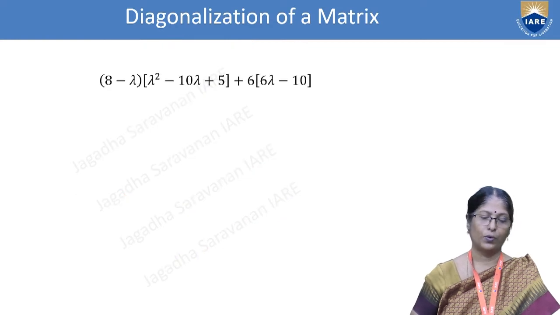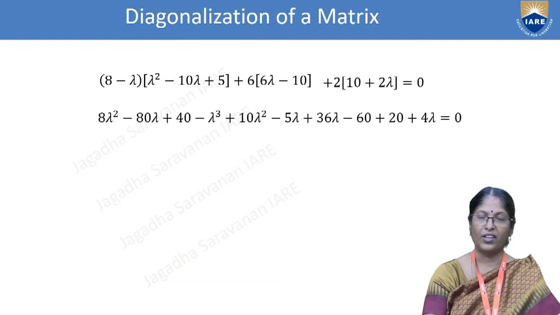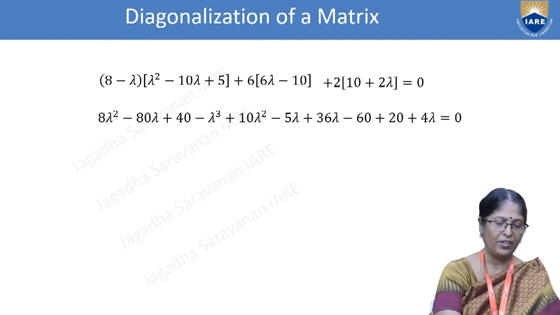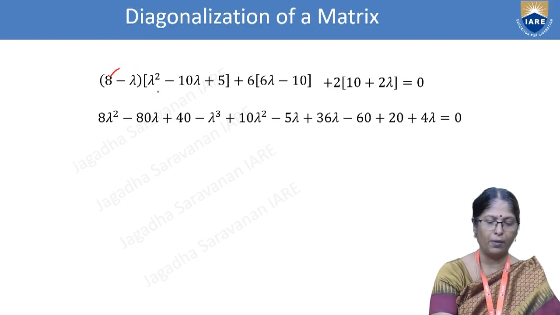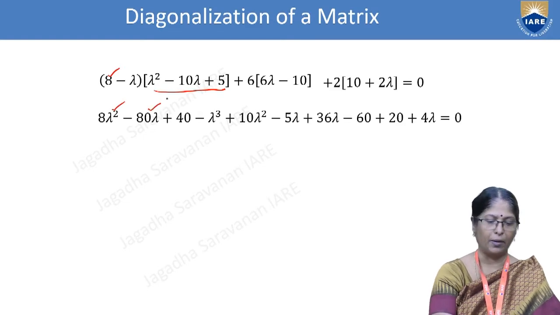Now we can see it here. We are just removing the brackets. First 8 I have taken, completely multiplied. So 8 into lambda square, 8 into minus 10 lambda is minus 80 lambda, 8 into 5 is plus 40.